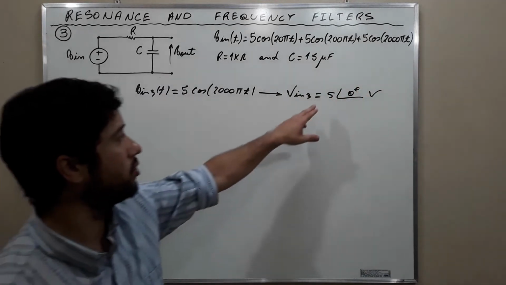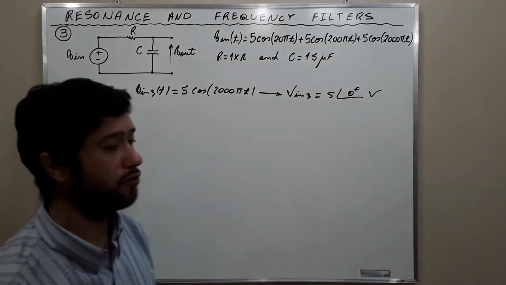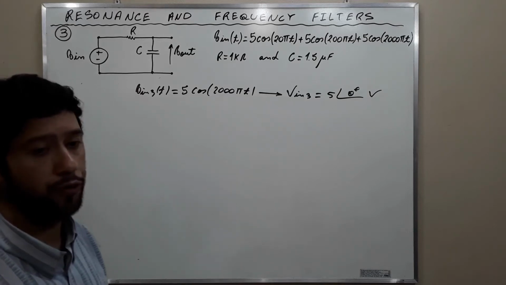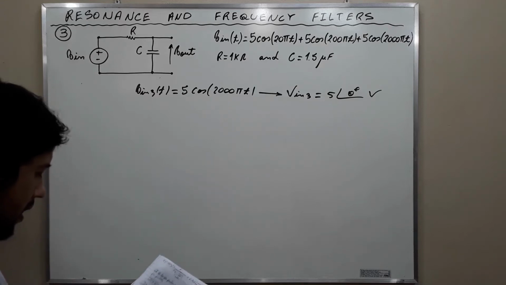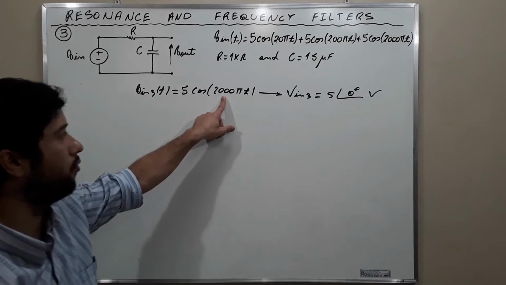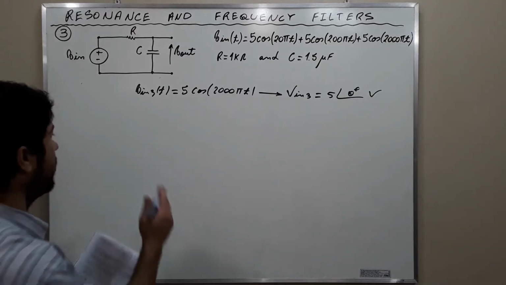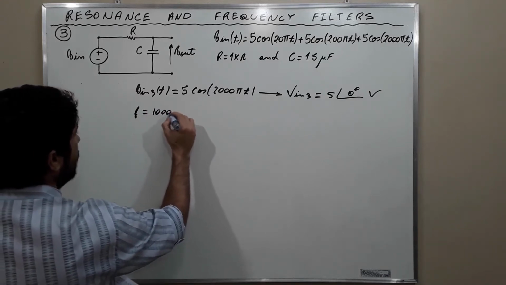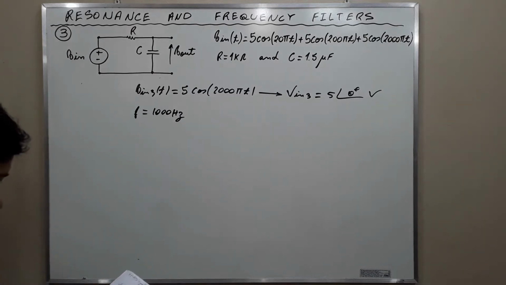Why? Because they are in different frequencies, and the transfer function will impact the signal differently depending on the frequency. And we see that here the angular frequency is 2000 pi, which leads to a frequency equal to 1000 hertz, or if you prefer 1 kilohertz.